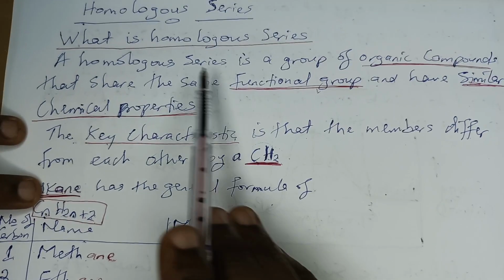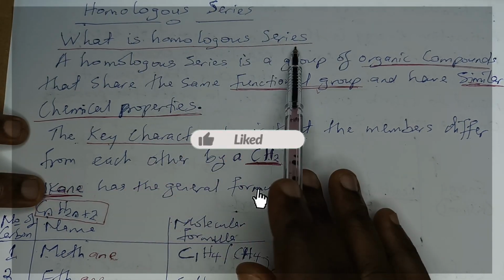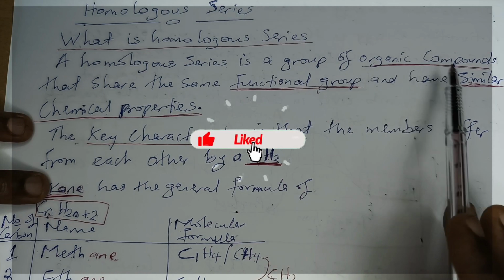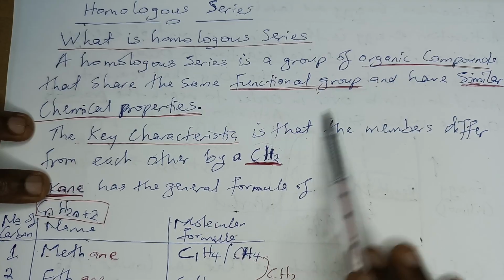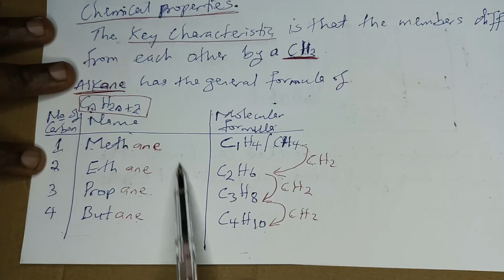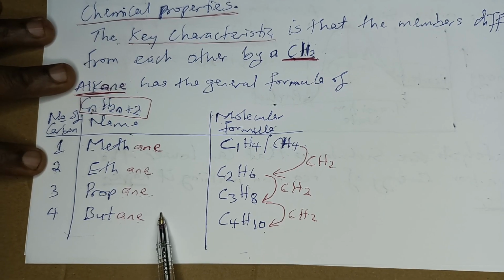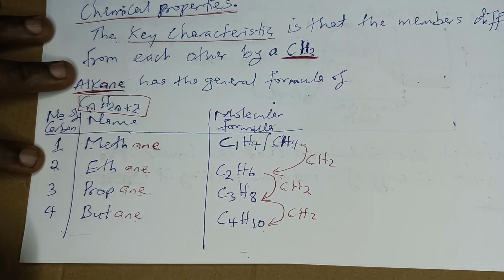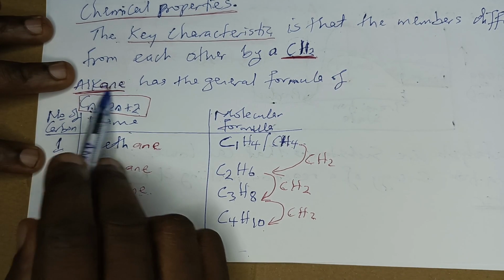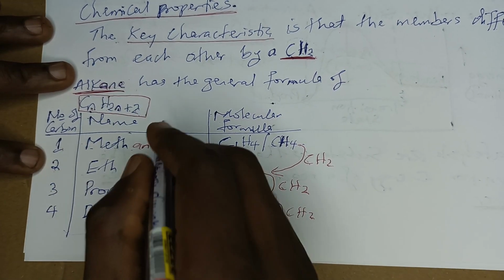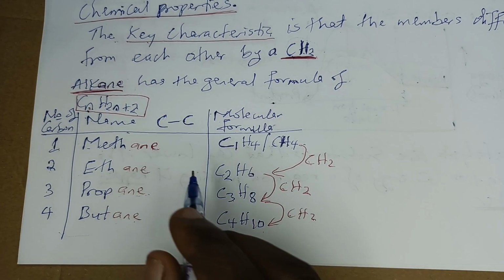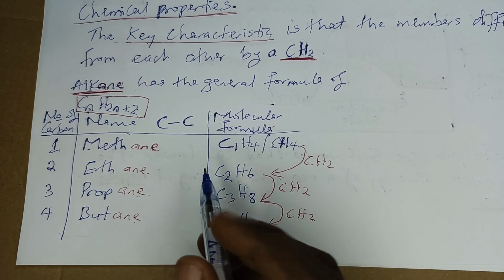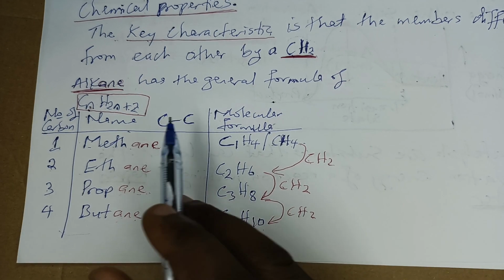We said a homologous series is a group of organic compounds that share the same functional group. Now, let's talk about the functional group. What we have discussed here, are they the same functional group? Yes. Their functional group is alkane, this ANE, with a carbon to carbon single bond. Don't forget, if you want a concise explanation, you will see that at the end of this video.